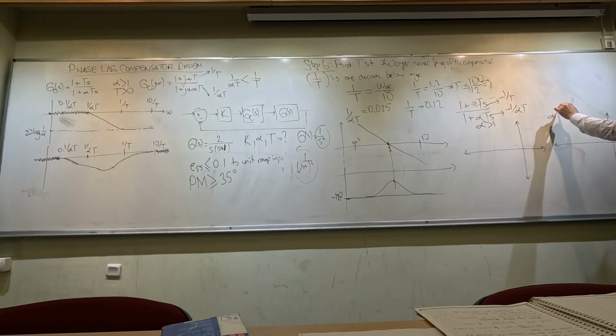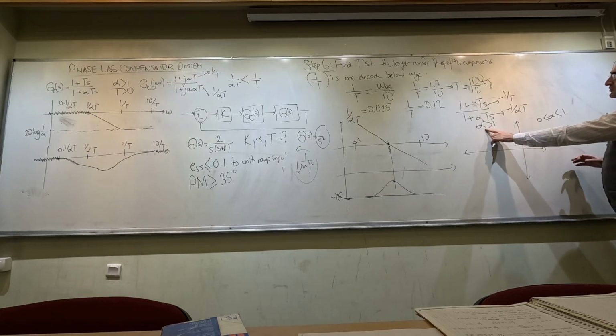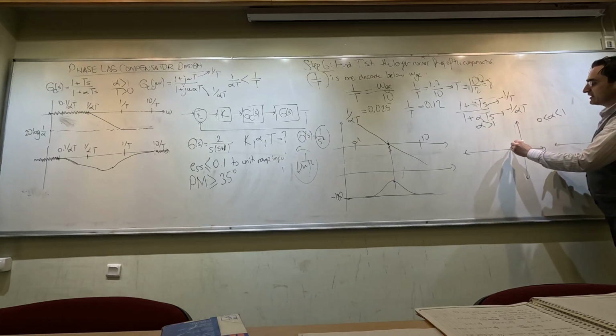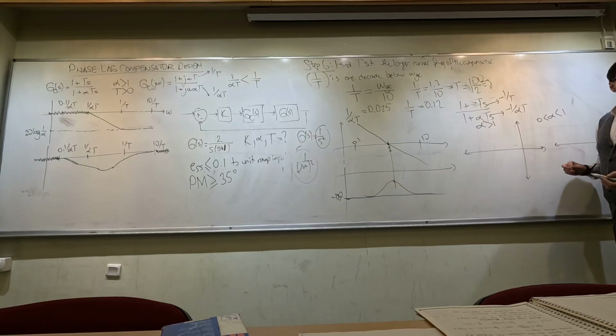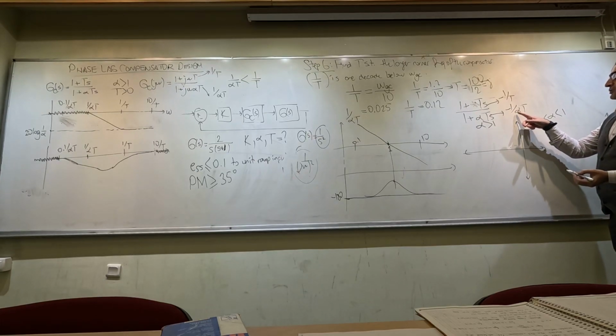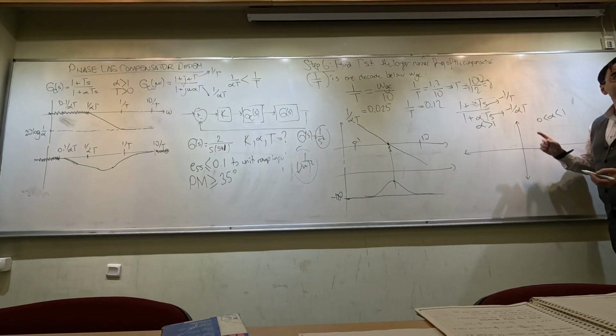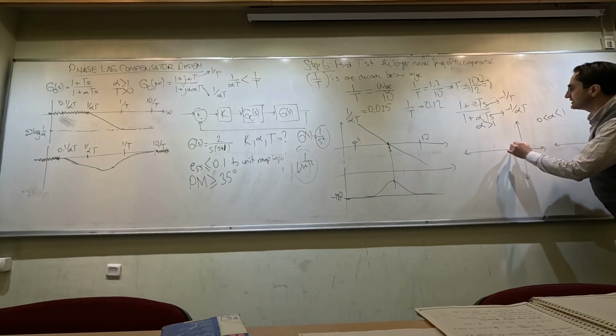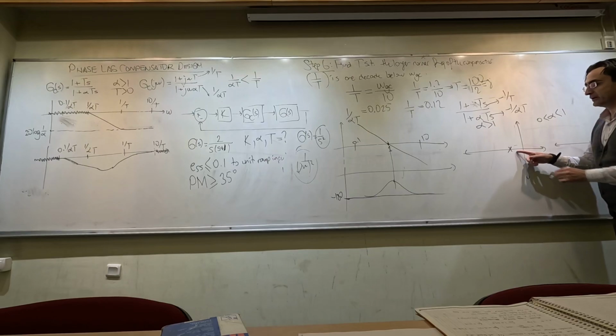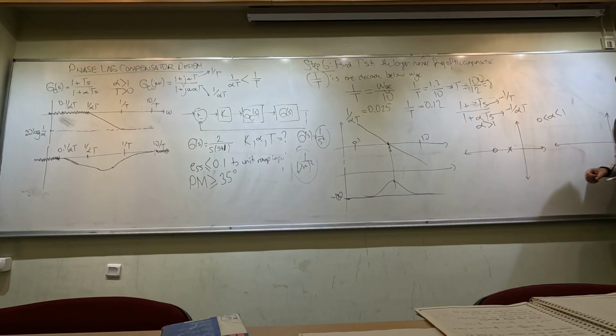In the phase lead compensator, alpha is between 0 and 1. Okay? Now, if alpha is larger than 1, what can I say about the pole and zero position? Minus 1 over alpha T is going to have a smaller magnitude if alpha is larger than 1. Okay? So meaning that the pole is here and the zero is here. Okay? And in the other one, I have the reverse situation.